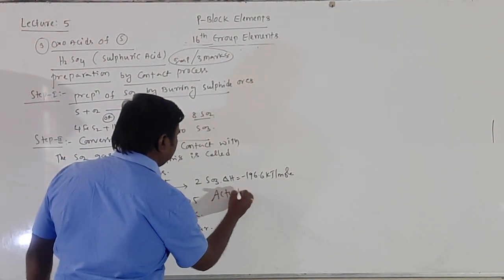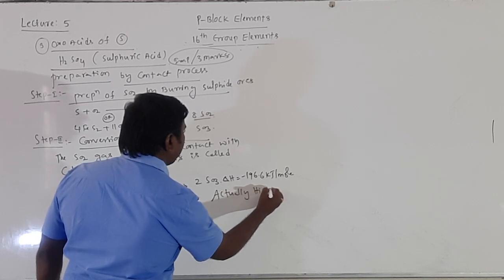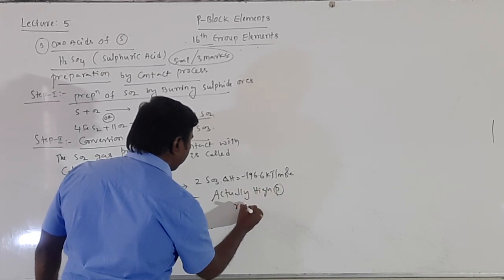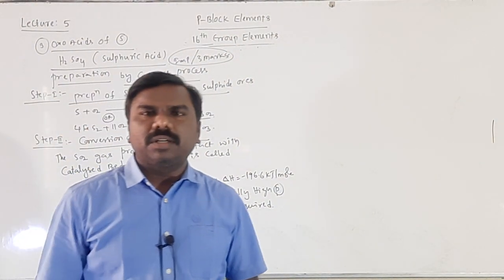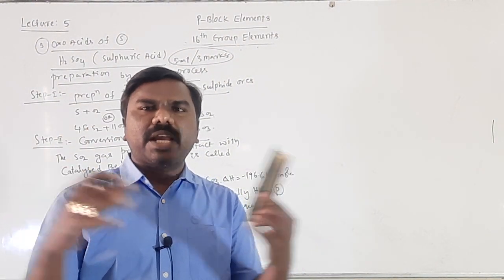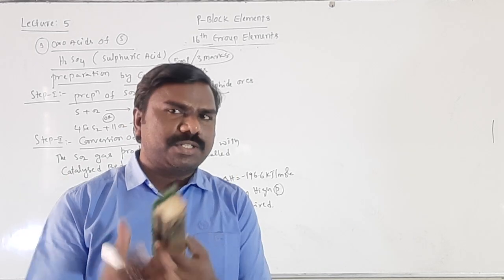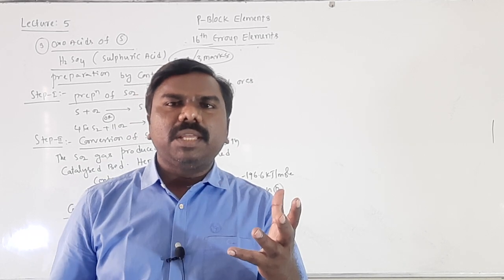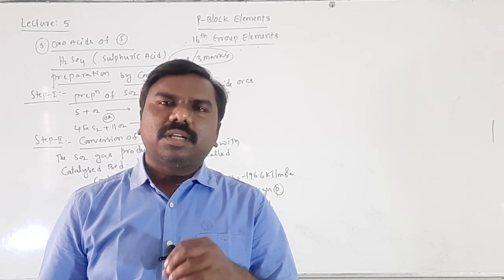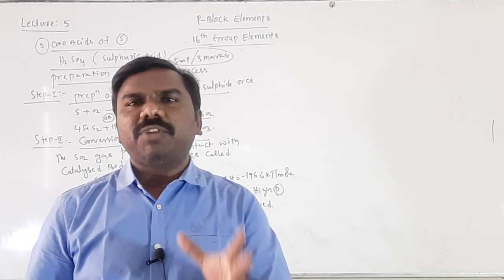Actually, high pressure is required, because these are gases, and to make them interact you need to apply high pressure. But if you maintain very high pressure the tanks will burst, meaning the setup will collapse.